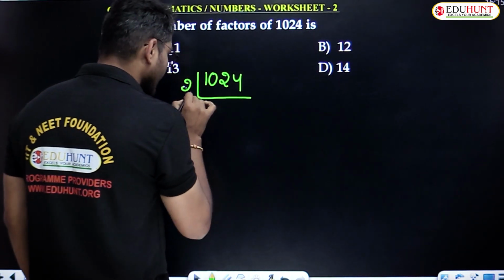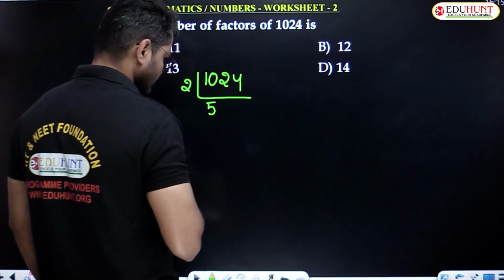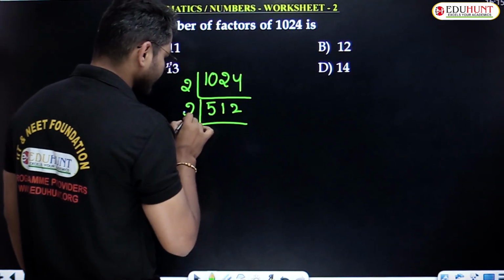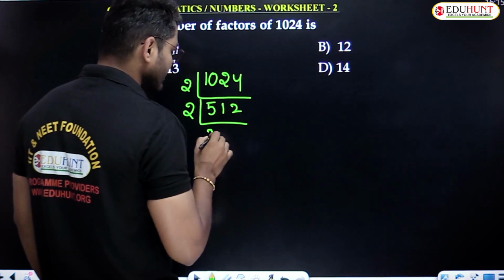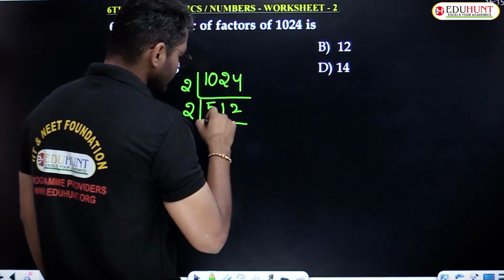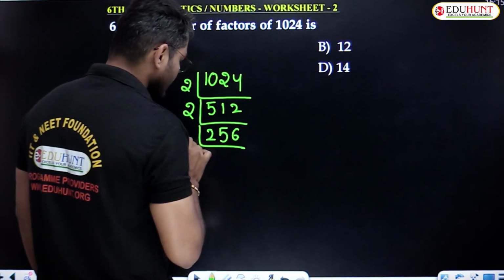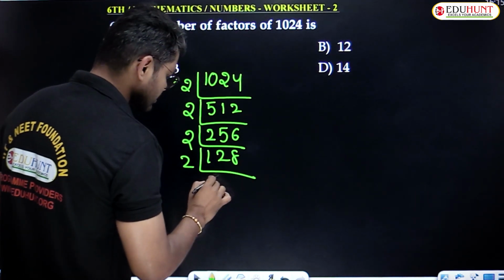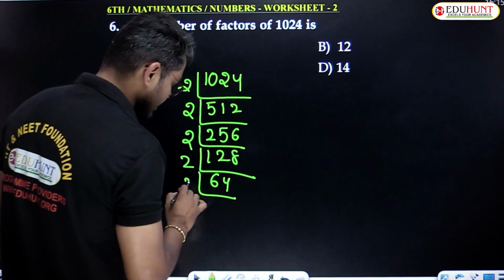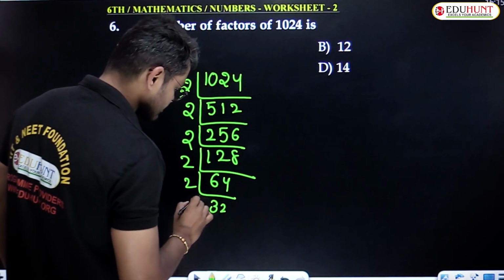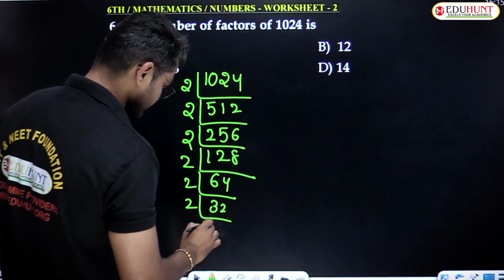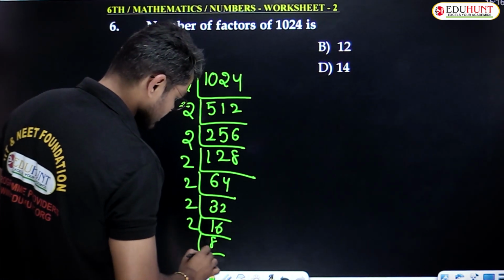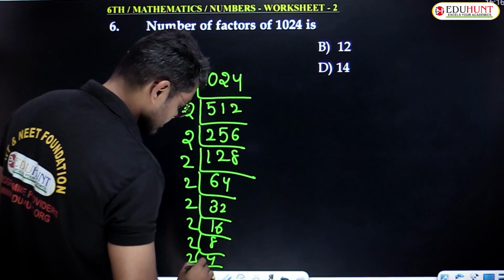Okay, let's take 2 fives are 10. Okay, 2 ones are 2, 2 twos are 4, 2 fives are 10, 2 sixes are 12, 2 128s, and 2 64s, and 2 32s, again 2 16s, 2 8s, 2 4s, and 2 2s.